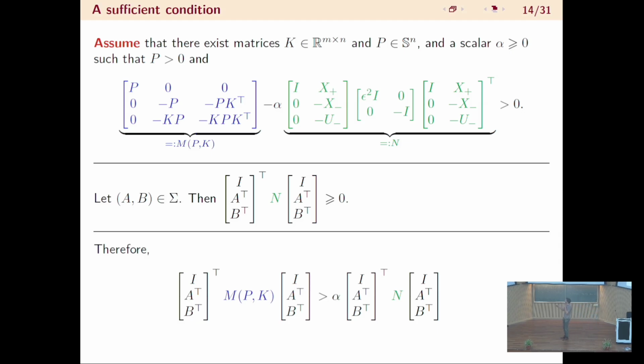What I do now is I multiply the inequality that we have here on the top from left by identity AB and from right by the transpose of that matrix.